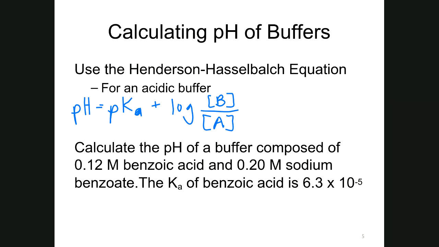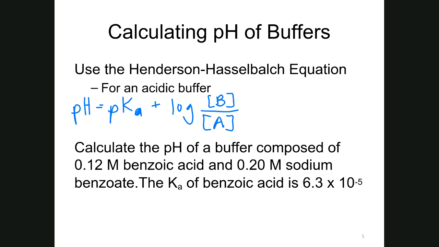Now for a basic buffer, which means again that its pH is going to be basic, we can use something slightly different, but this is the equation that you're going to see most often. So I want you to be familiar with this one. It works for basic buffers as well, but it's technically considered the acidic buffer Henderson-Hasselbalch.